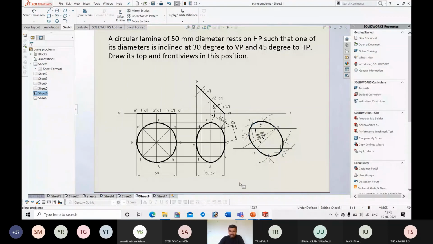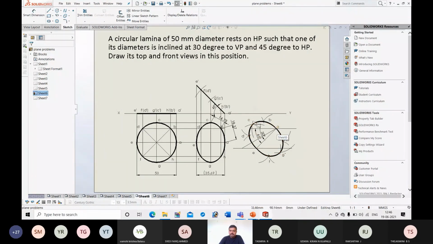Same view in a different orientation: here AE is parallel to XY. In this view, the same AE makes the beta inclination, that is the false inclination of 45 degrees, with XY. Next, you should get the final view.